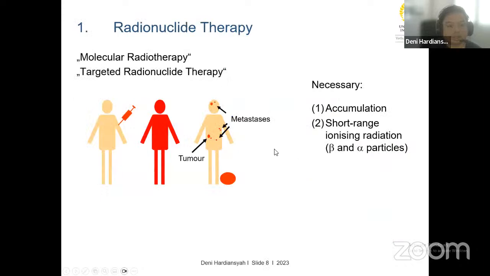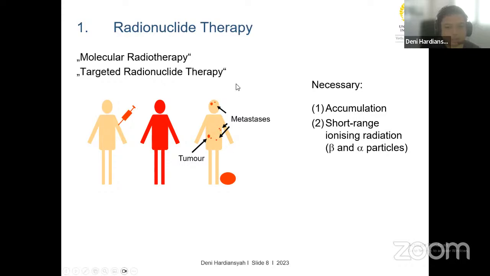Radionuclide therapy, which people also call molecular radiotherapy or targeted radionuclide therapy: basically, we inject the patient with radiopharmaceutical drugs. As you can see here, the radiopharmaceutical drug is shown by the red color. After we inject it into the patient's body, it will distribute through the whole body.